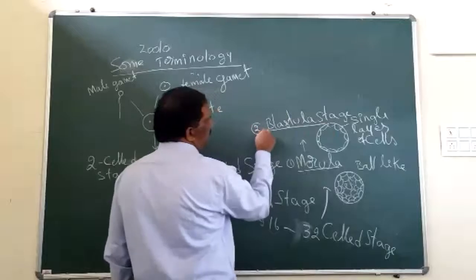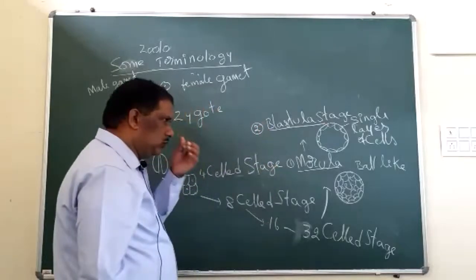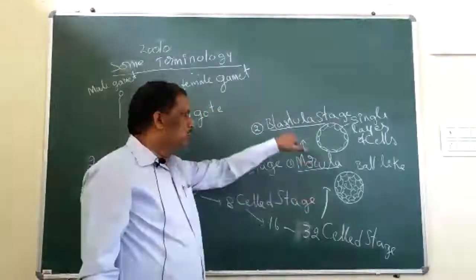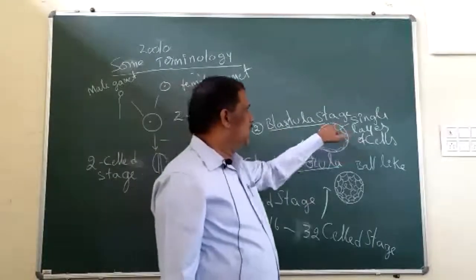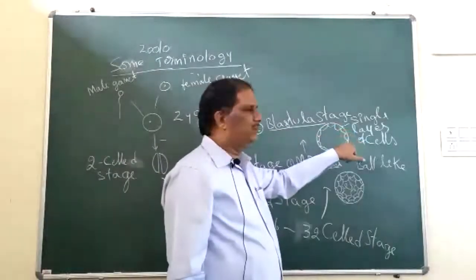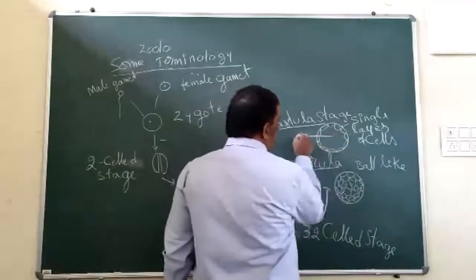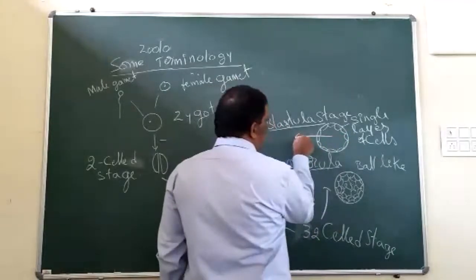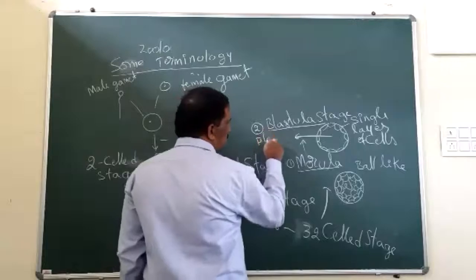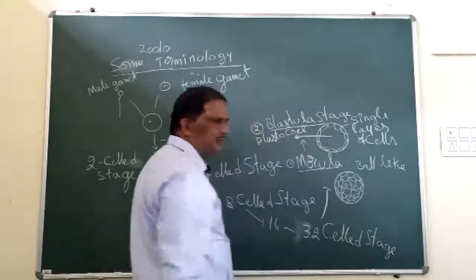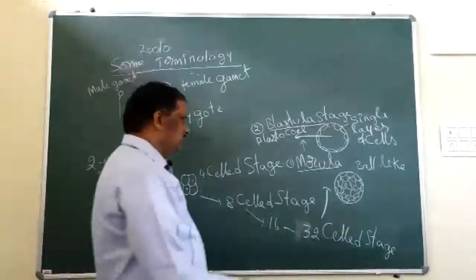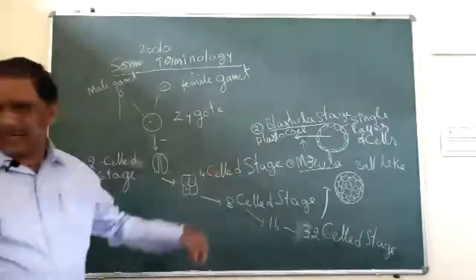What is the first stage? Morula. Second stage: how many layers? Only one layer. What is this cavity? Blastocoel. Okay. Next.